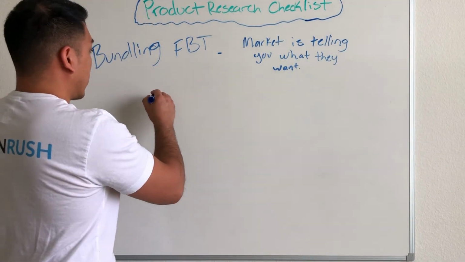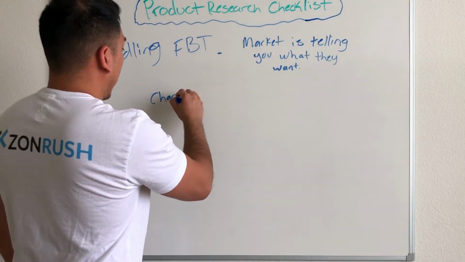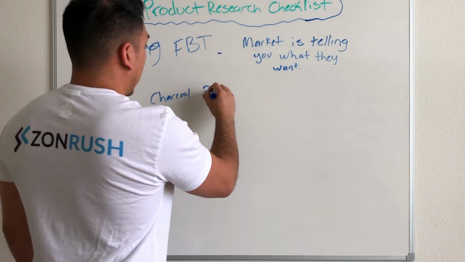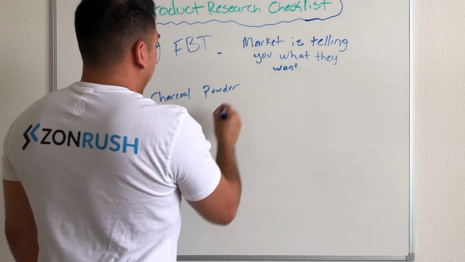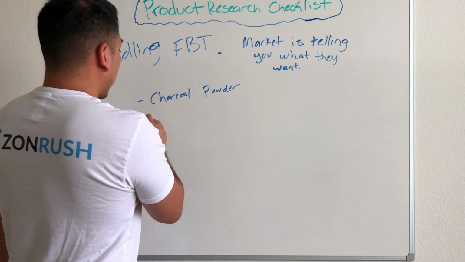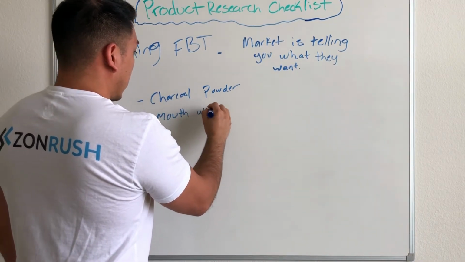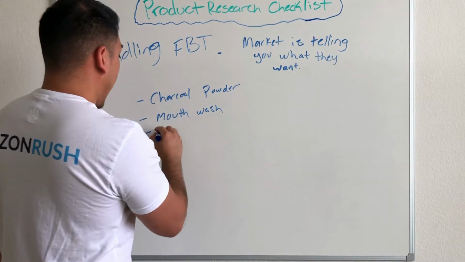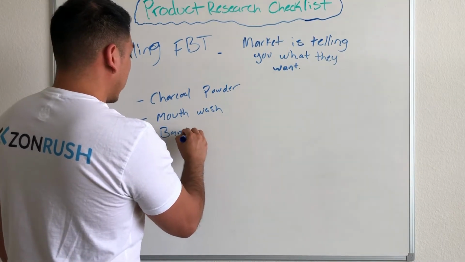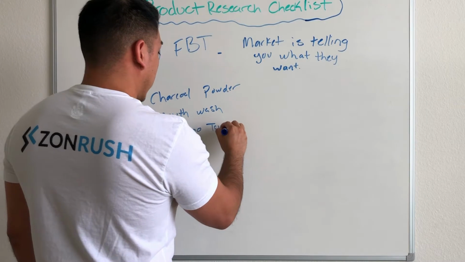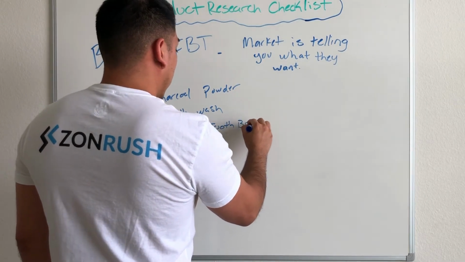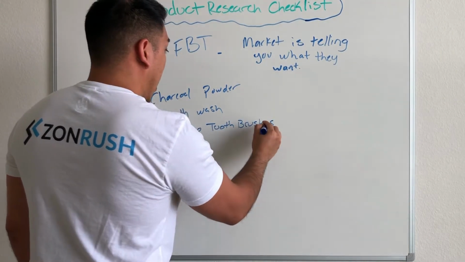So your product idea is you're looking at charcoal powder. Okay. And so that's product 1. Product 2, you see mouthwash is doing really hot, and bamboo toothbrushes. Okay. So you see that these products are selling hot on Amazon.